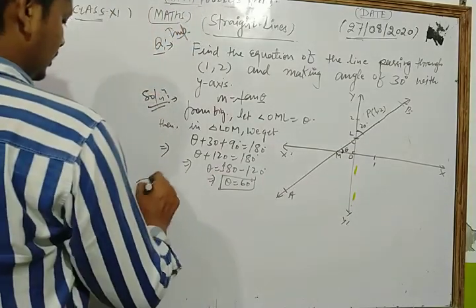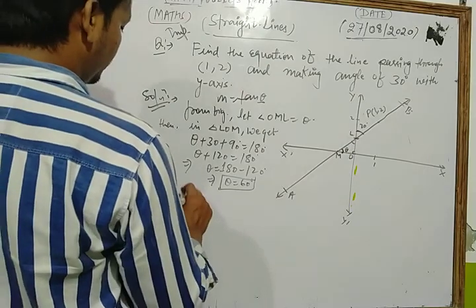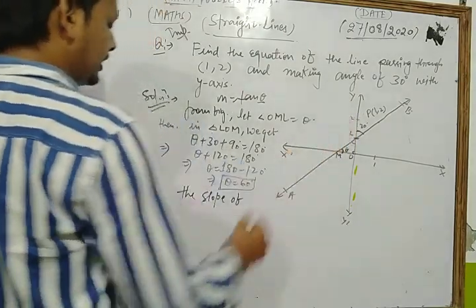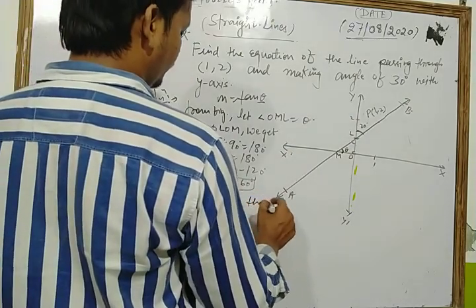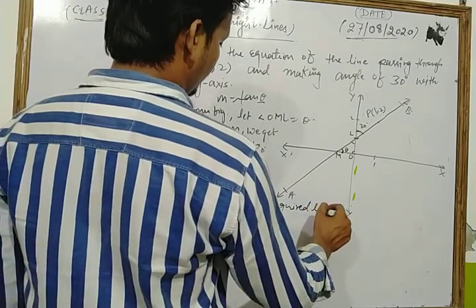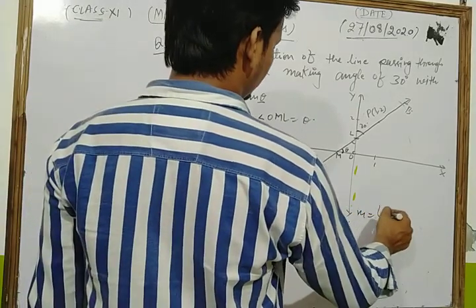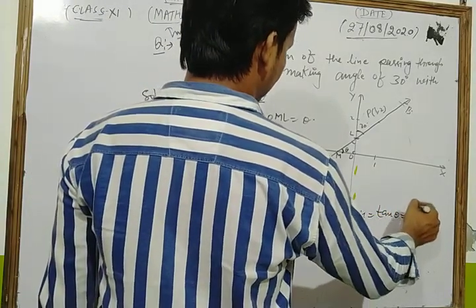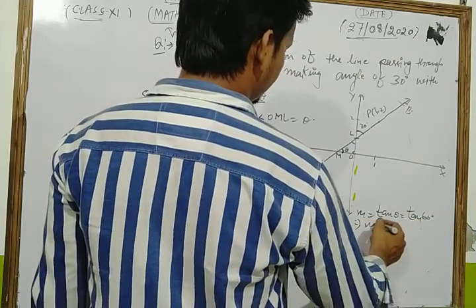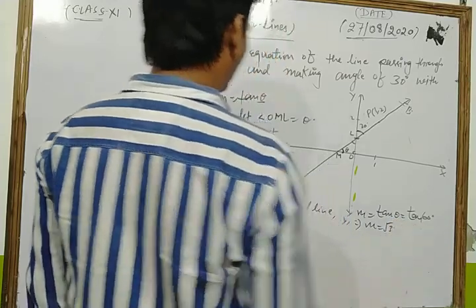So thus the slope of the required line, m is equal to tan theta, that is tan 60, and you know that the value of tan 60 is root 3.